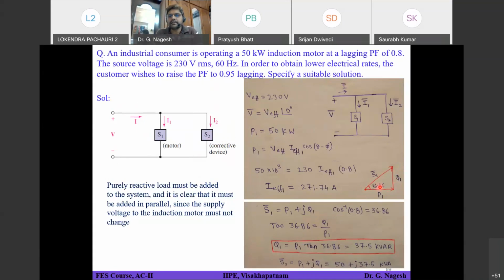Your real power consumption remains the same. After connecting the second load also, the real power consumption remains the same because the second load is not consuming any real power. So this P1 remains the same, which is 50 kilowatts. And you have to calculate the new value of Q total, or you can just call it Q. So try to calculate that Q.